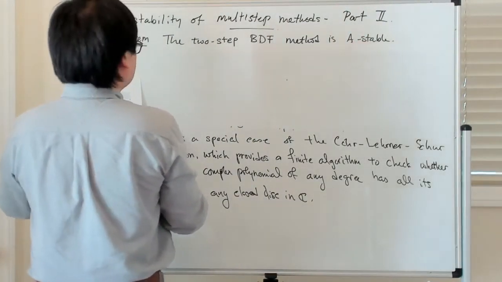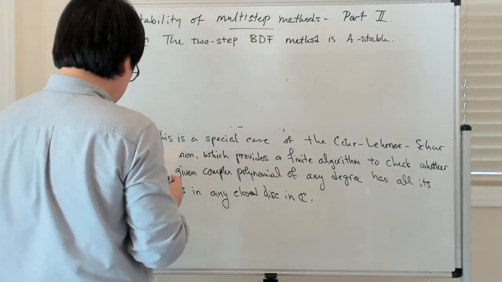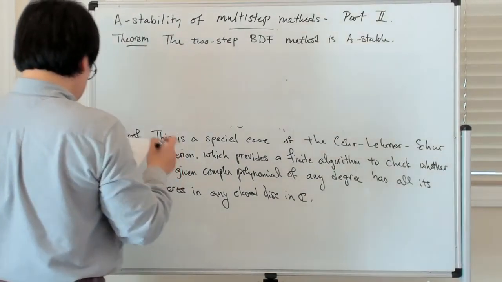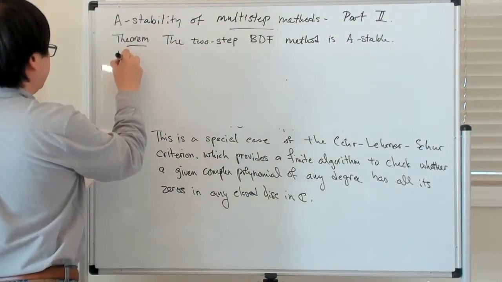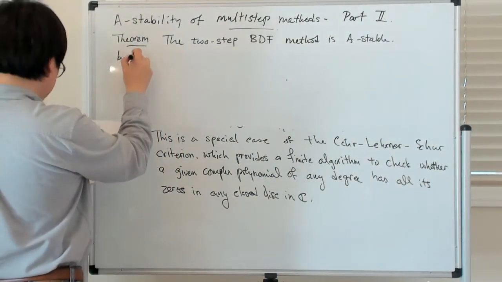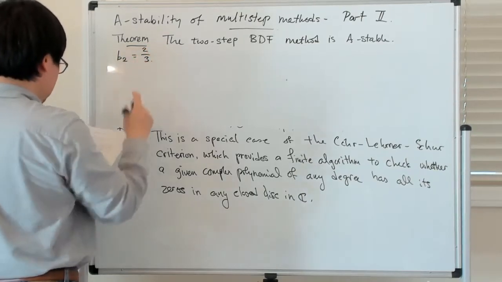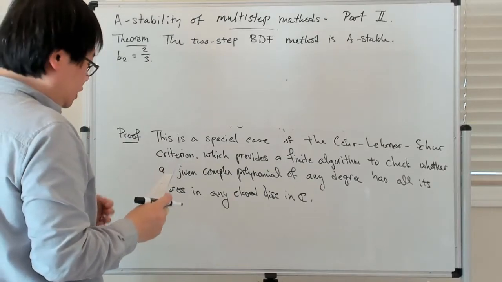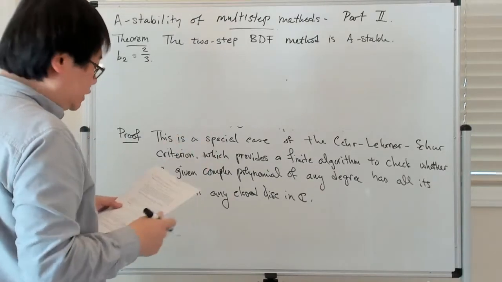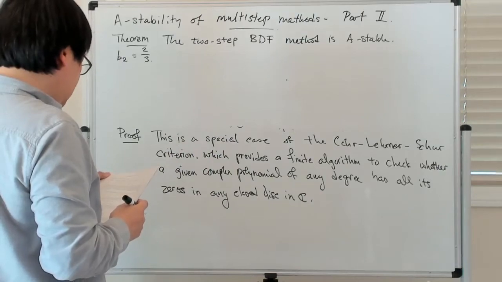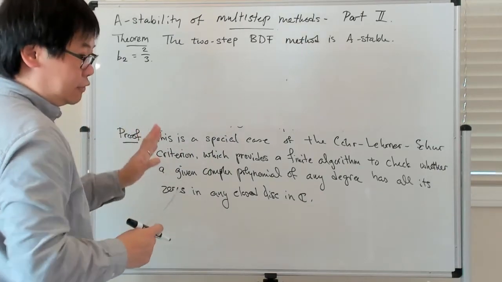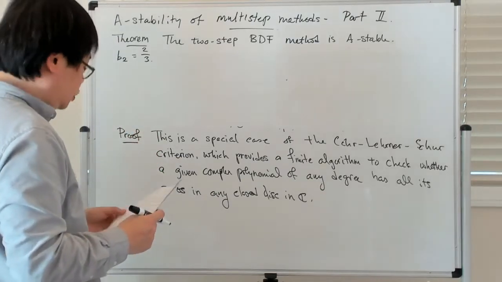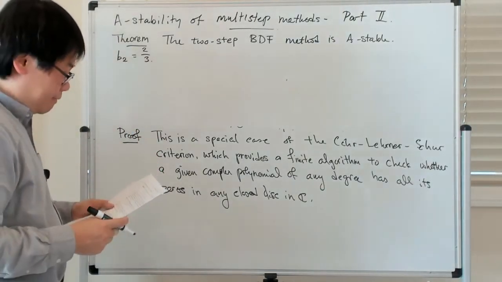The first thing you need to check is that b_2 for the two-step BDF method is 2/3, which is greater than 0. That was one of the conditions we needed to check, which has to do with this analyticity result. The other thing you need to check is that the roots of the characteristic polynomial have modulus less than or equal to 1.